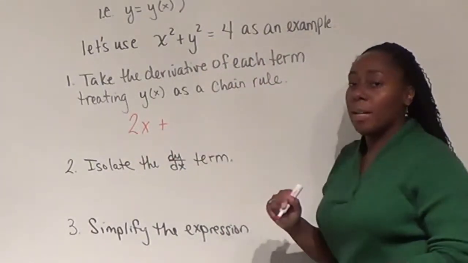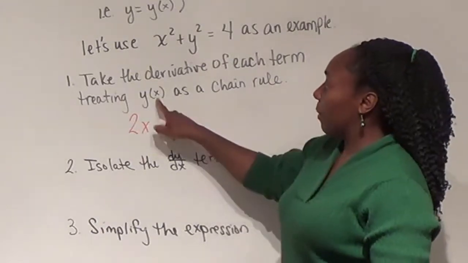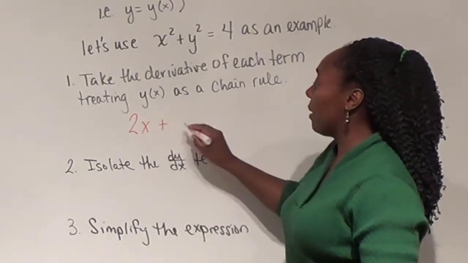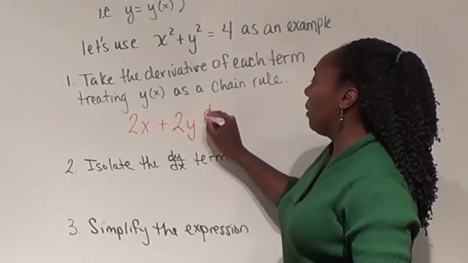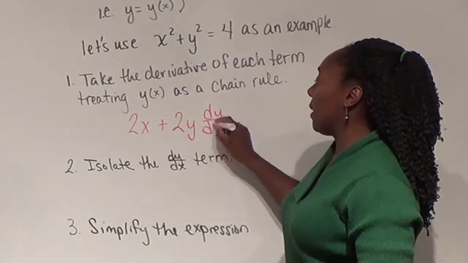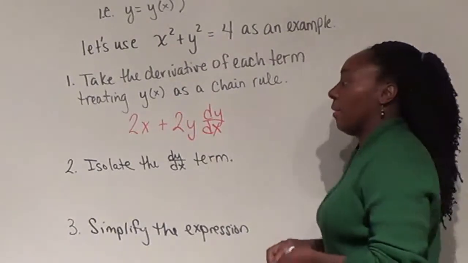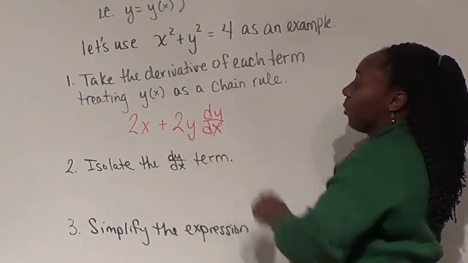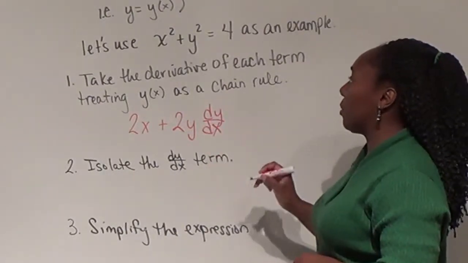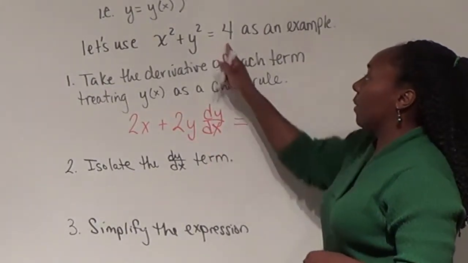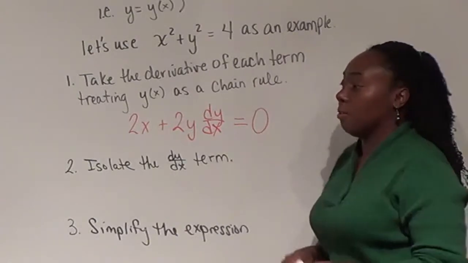The derivative of y squared, thinking of it as y of x, is 2y times the derivative of y with respect to x. We don't know what that is, so we can't put an expression there other than dy dx. And on the other side of the equal sign, our derivative is just 0.